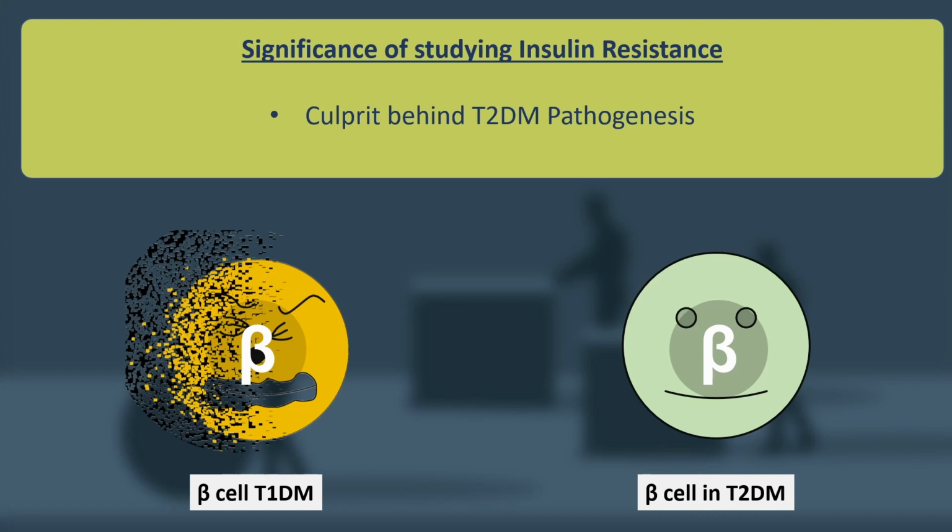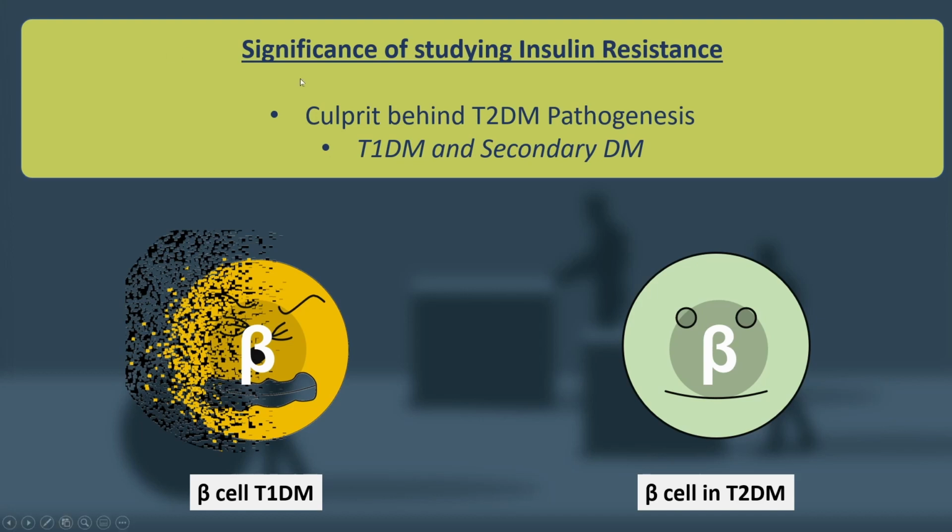But you know, insulin resistance is not only the culprit behind type 2 diabetes mellitus. Even in type 1 diabetes mellitus, especially in obese people, insulin resistance might be there. So because of this reason, in an obese patient of type 1 diabetes mellitus, more than expected exogenous insulin might be needed.